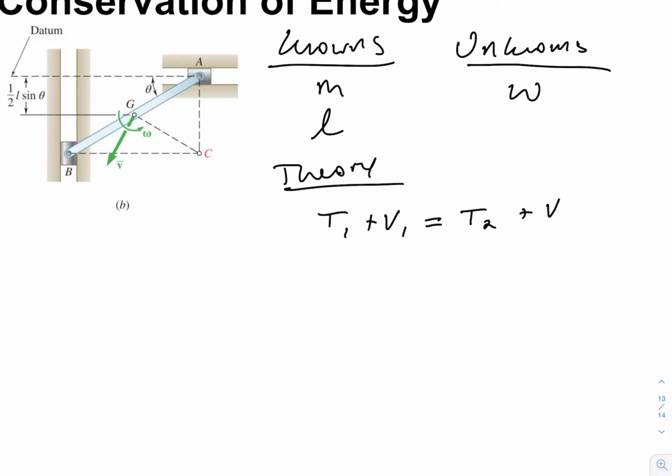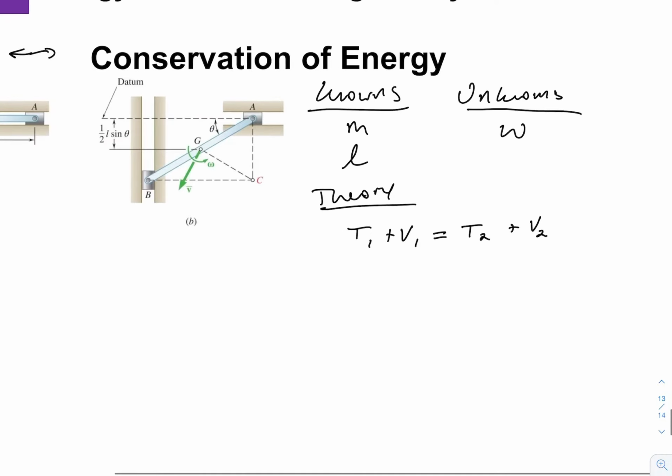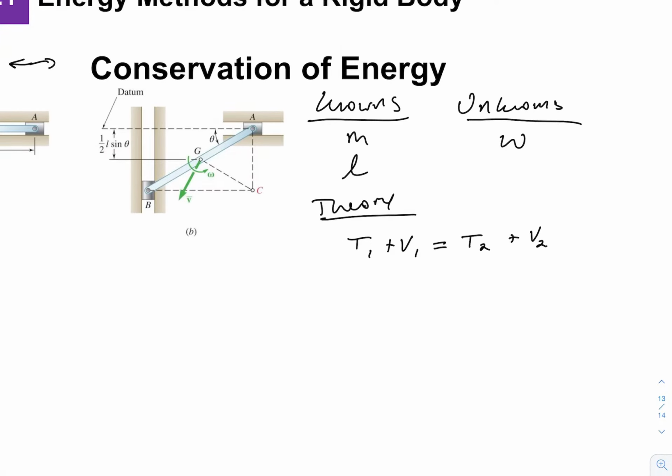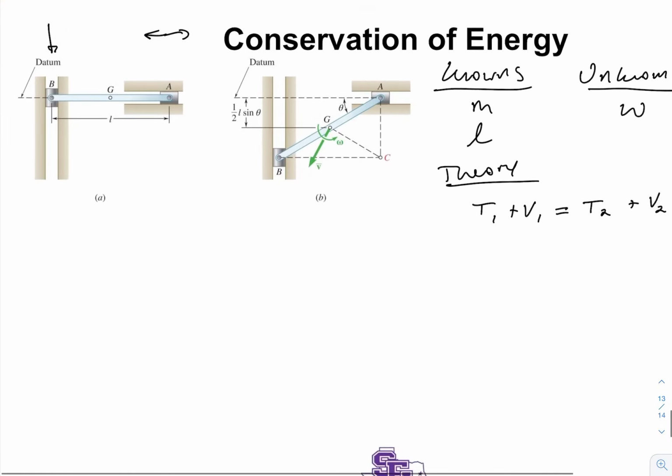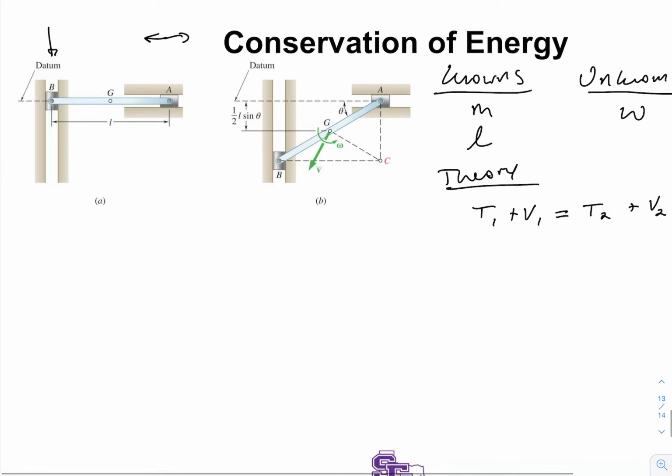Remember we said we're going to apply the total kinetic energy and potential energy, using conservation of energy. Kinetic energy of state 1 plus the potential energy of state 1 should equal the kinetic energy of state 2 plus the potential energy of state 2. There are no springs here, so we're only left with gravitational potential energy.